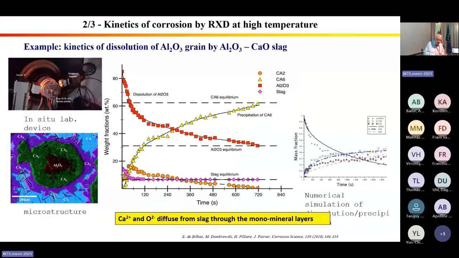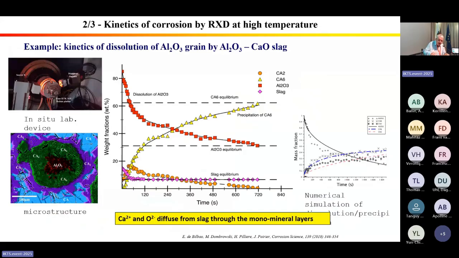The experiments were made by X-ray diffraction in situ, and observation of the microstructure, and this figure represents the evolution of the weight fraction versus time. We observe a decrease of the alumina, a dissolution of the alumina, but we observe also the precipitation of new phases around the grain of alumina, hexaluminate of lime and dialuminate of lime.